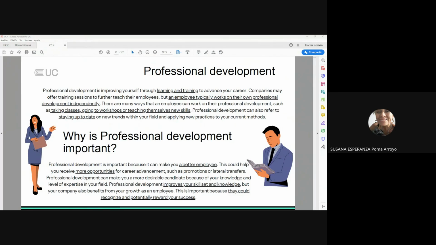Professional development improves your skill set and knowledge. But your company also benefits from your growth as an employee. This is important because they could recognize and potentially reward your success. Thank you.